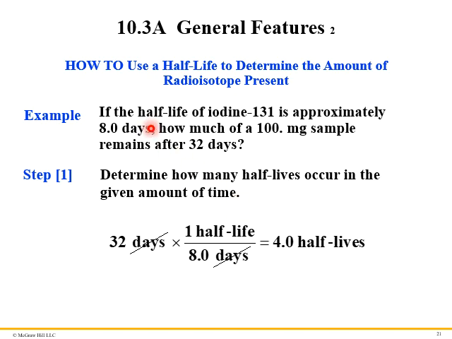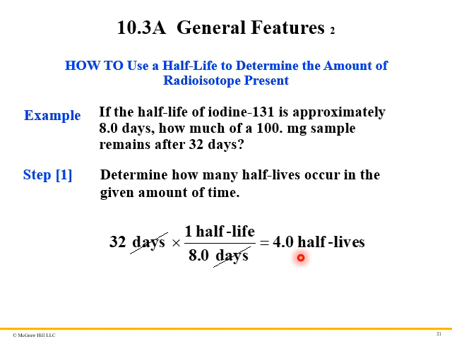We know that one half-life is 8 days, and that 32 days have passed in this hypothetical scenario. So just like we've been doing the entire semester, we are going to do a conversion. One half-life equals 8 days. I divide 32 days by this conversion factor, 32 by 8. That's going to be 4 half-lives.